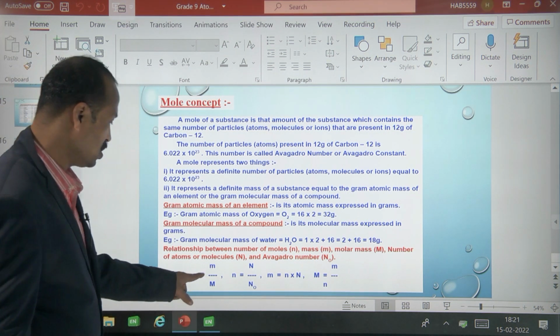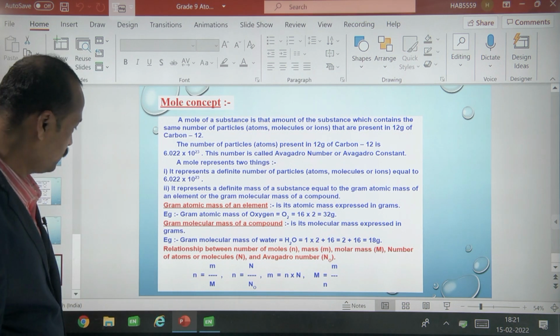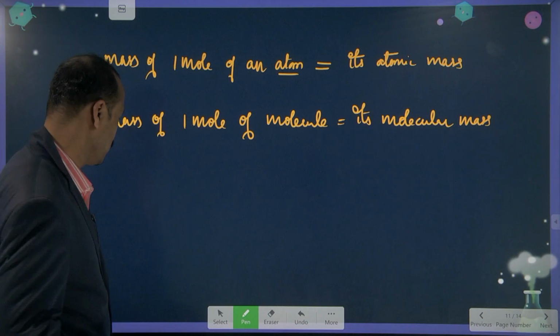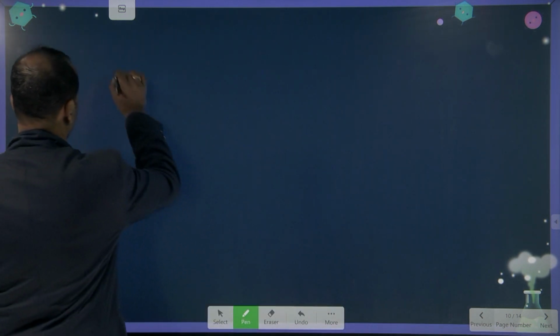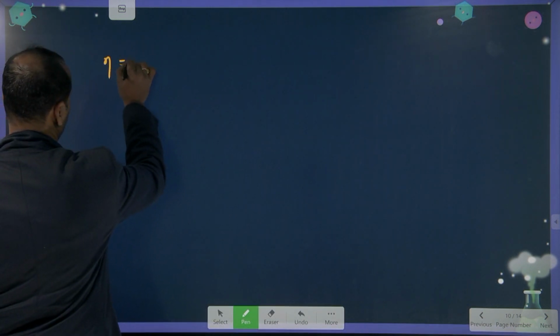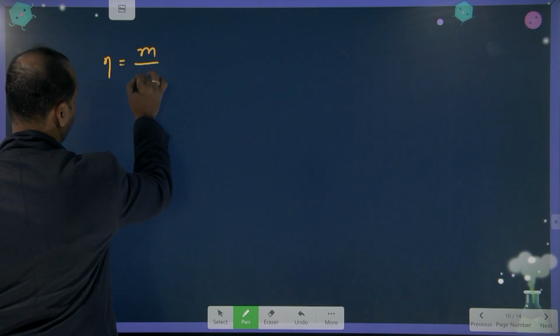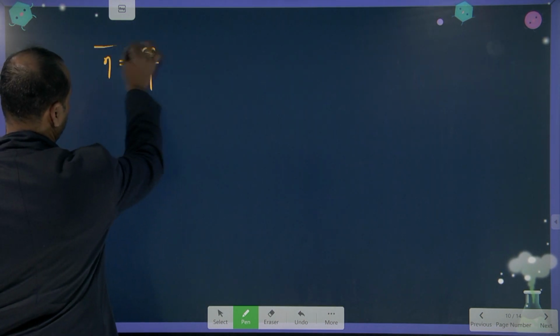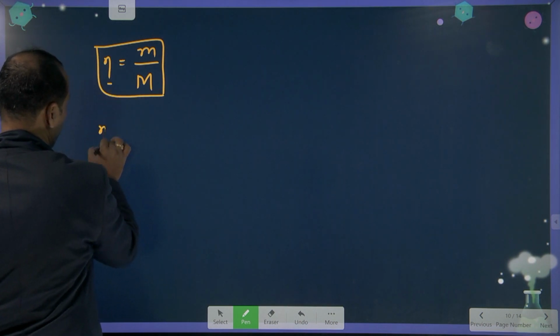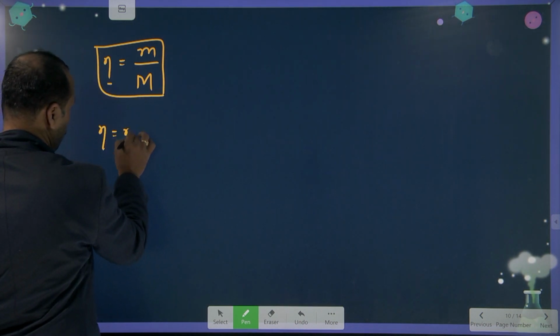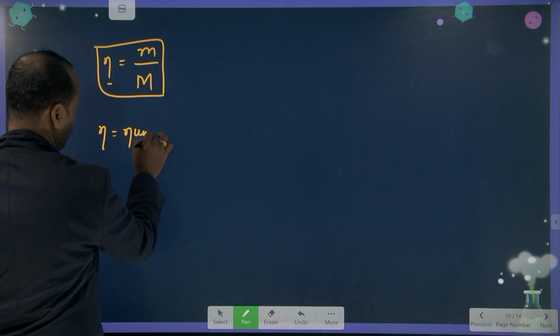Small n is equal to small m by capital M. Okay, I'll write here one by one. n is equal to m by M. Now what do they represent? n means number of moles. Write this one. Okay, number of moles.